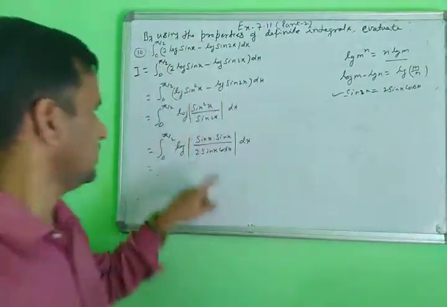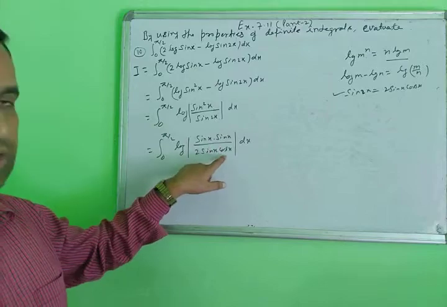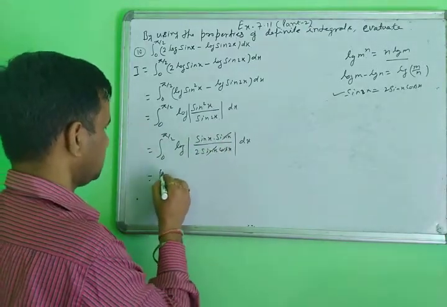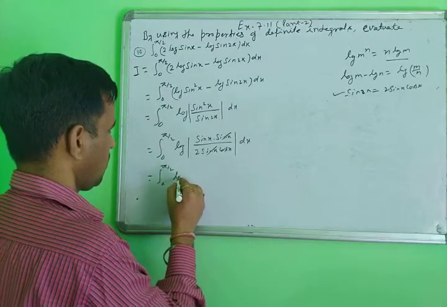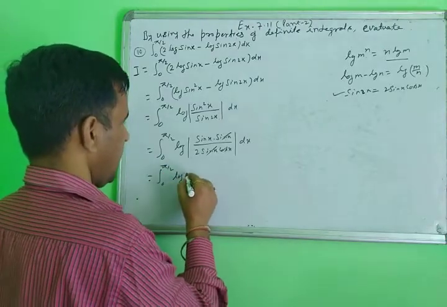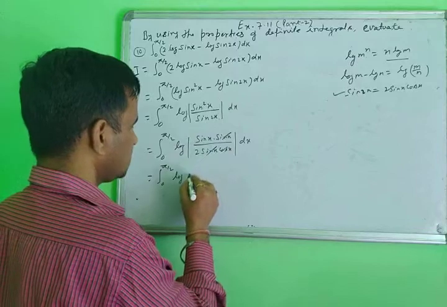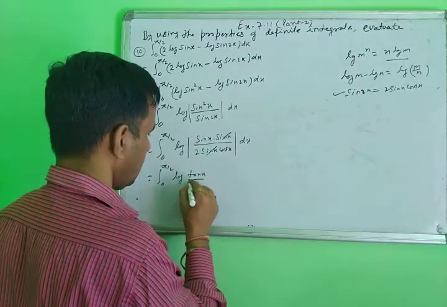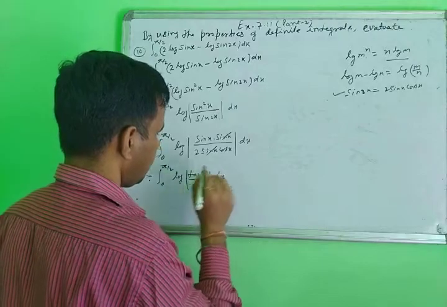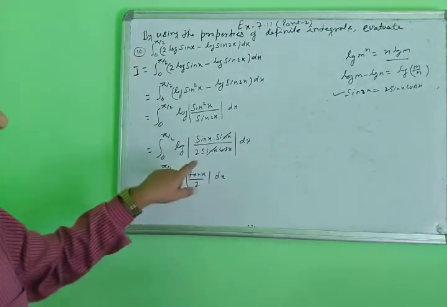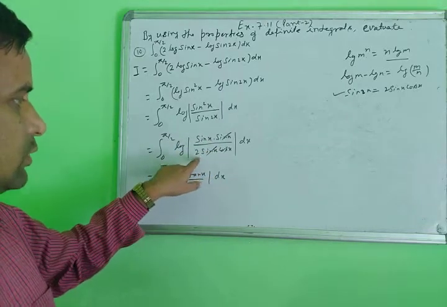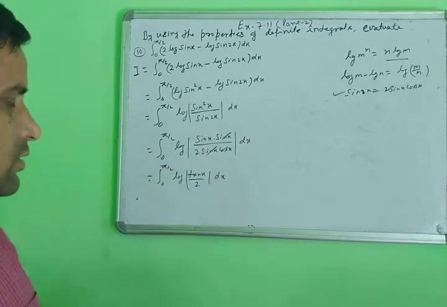One sin cancels here. What is left? The integral from 0 to pi by 2 of log of sin x upon 2 cos x, and sin upon cos is tan x, so tan x by 2 dx.